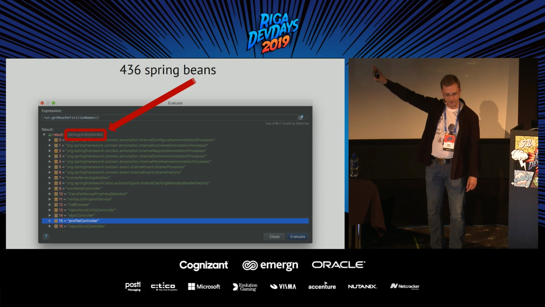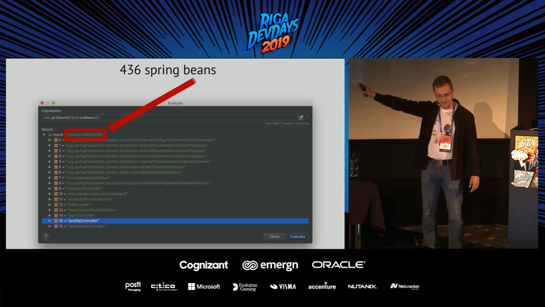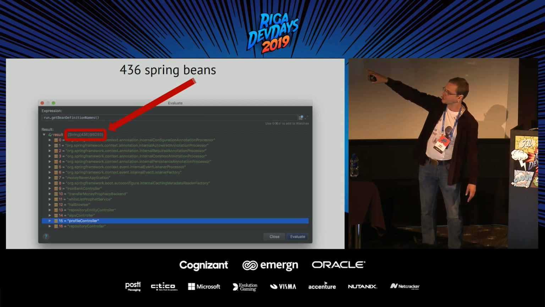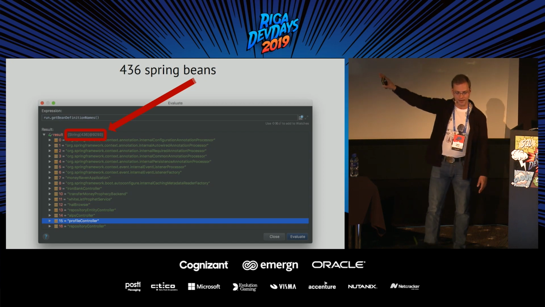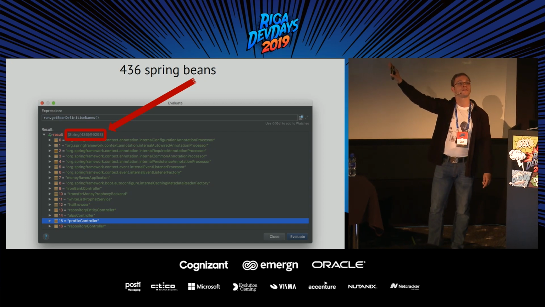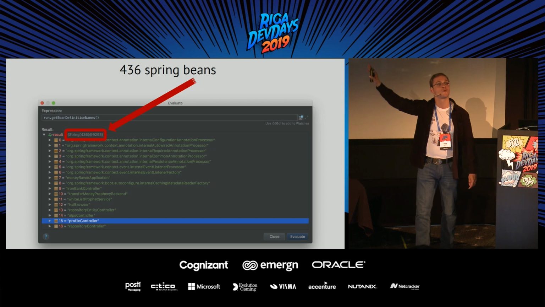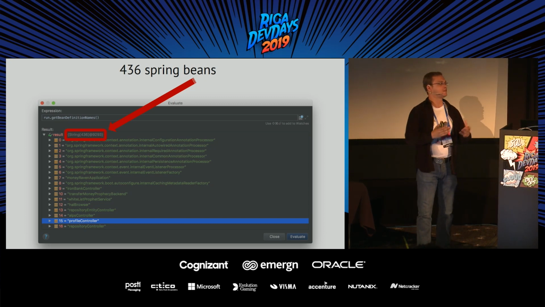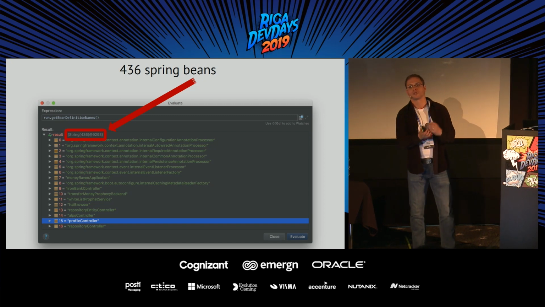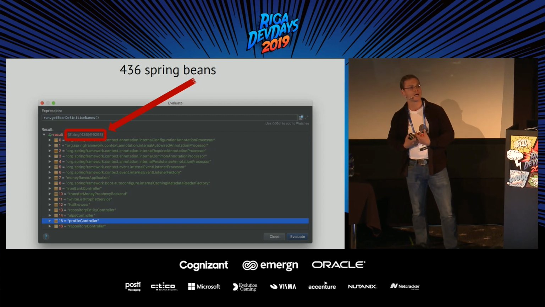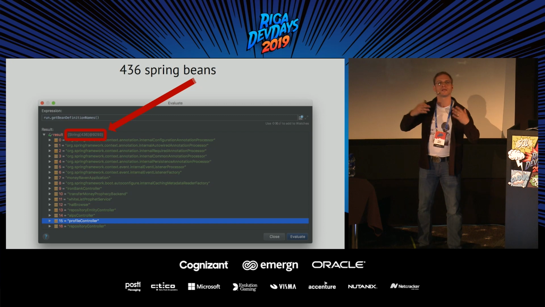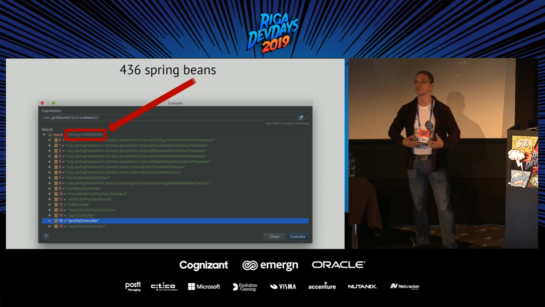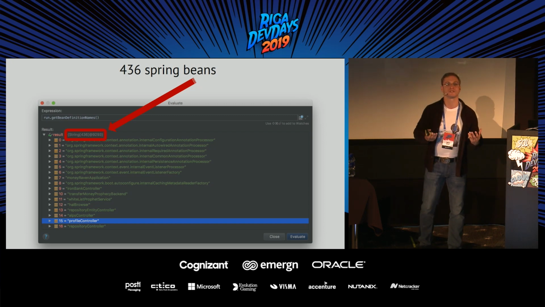You can see here IronBankController, TransferMoney. I have several beans which are mine, but in total I have 436 beans. Where did they come from? It means that Spring Boot not just built a simple context with our configuration and the beans declared by us, but somehow there are a lot of infrastructure beans which come from the configuration of the starters.